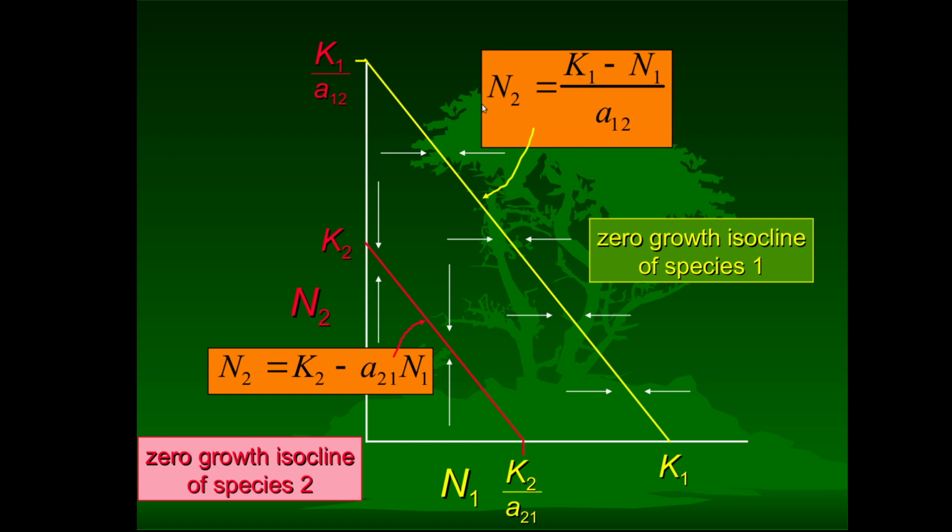And what's the shutout level of species 2? Well, we just set N1 equal to 0. So the shutout level of species 2 is just K1 over A12, which is this right here. So that's the algebra. Those are the equations that give us these shutout levels. So we figured them out sort of intuitively last lecture, and now we just show them mathematically using the equations.